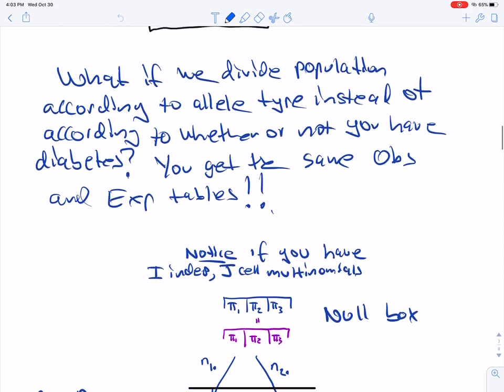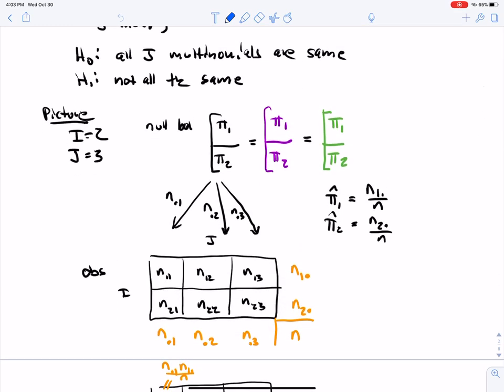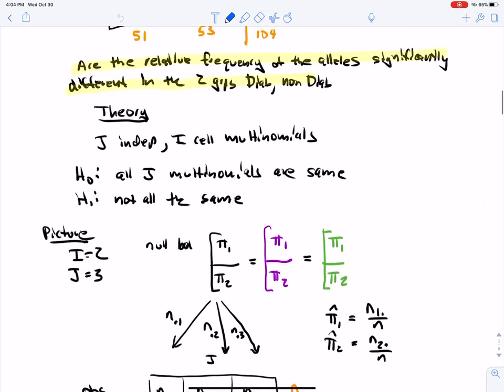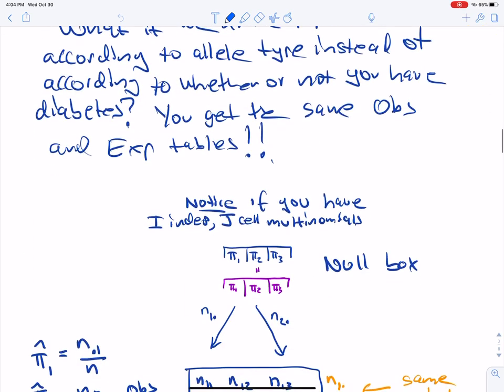If we were to divide our population according to the I categories, so in this case allele types, then we would have two subpopulations, type big B little b and type big B. That's shown in blue and purple here, and we would have three categories for each of those subpopulations: diabetics, non-diabetics, and somewhat diabetic.